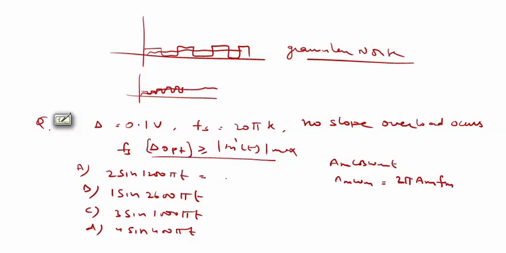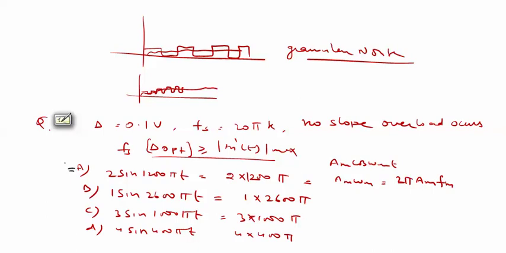Then we can write the slopes of all these as 2 into 1200π, 1 into 26π, 3 into 1000π, 4 into 400π. We can rewrite them as 2.4kπ, 2.6kπ, 3kπ, 1.6kπ.